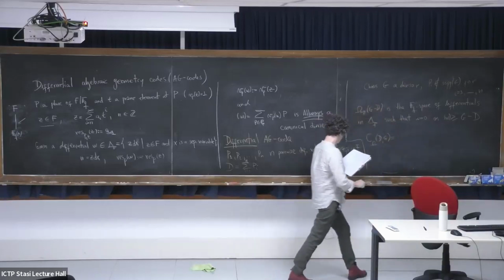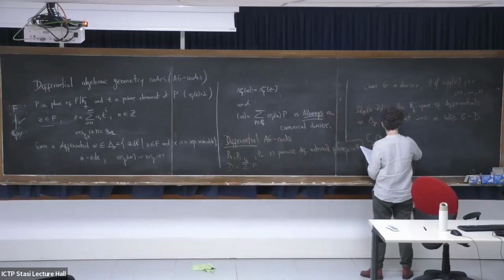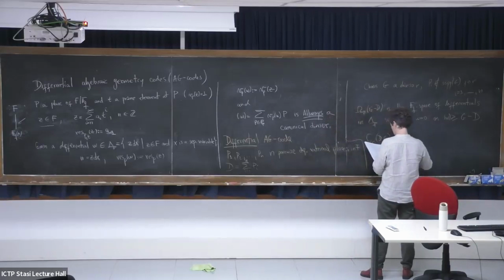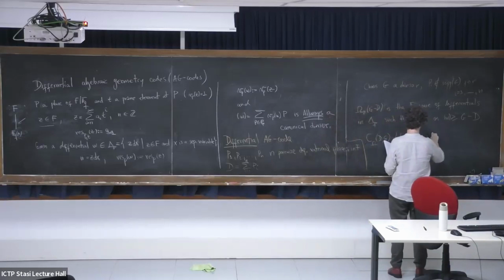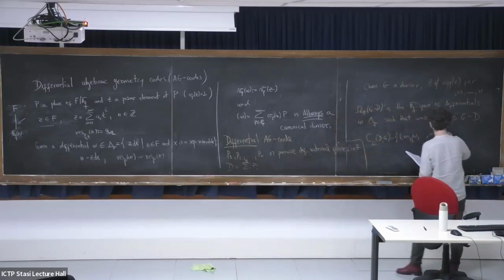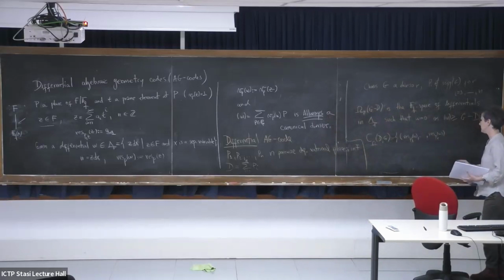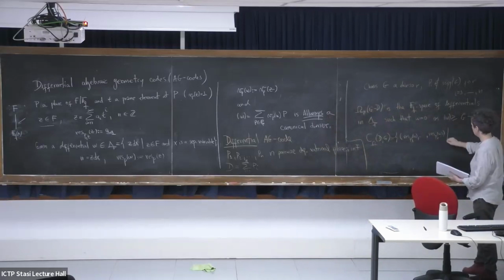Okay. So what you do is you compute the residue at P1 of omega up to the residue at Pn of the differential omega, for which omegas? For omega living here.